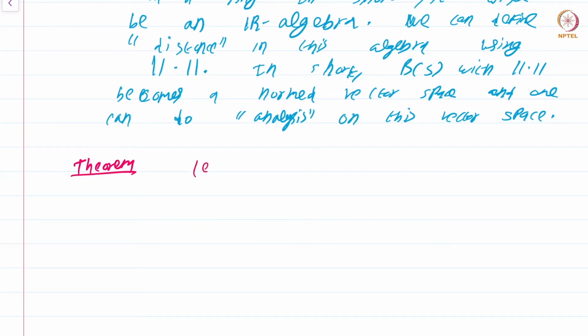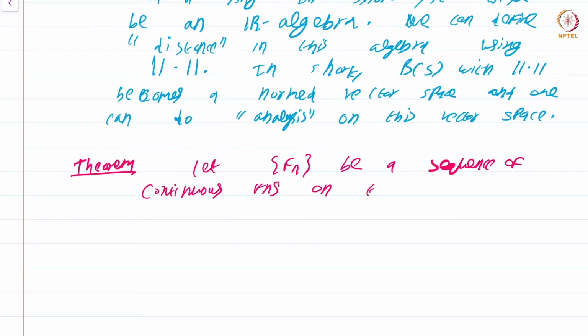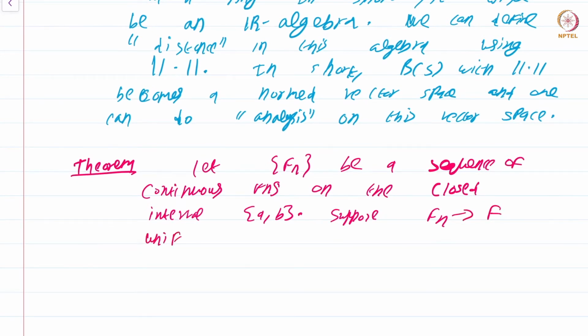Let fn be a sequence of continuous functions on the closed interval [a, b]. Suppose fn converges to f uniformly. Then of course f is continuous, which we have already established in an earlier module.